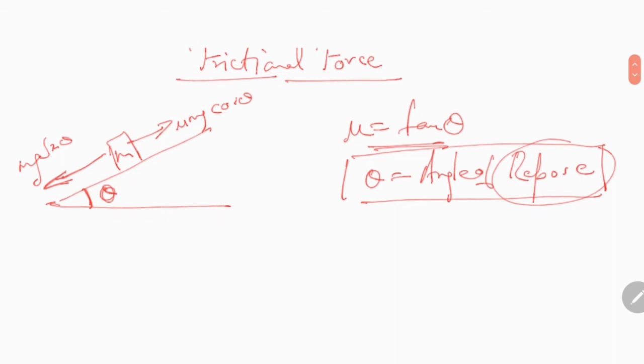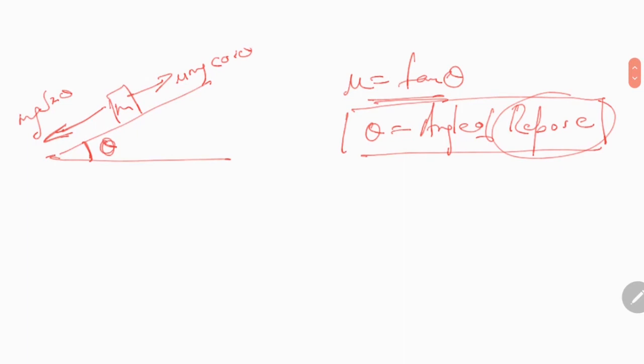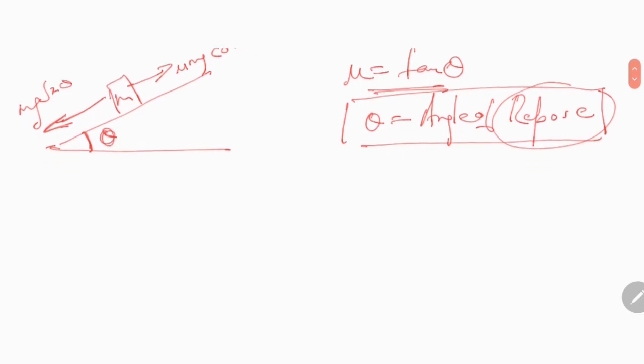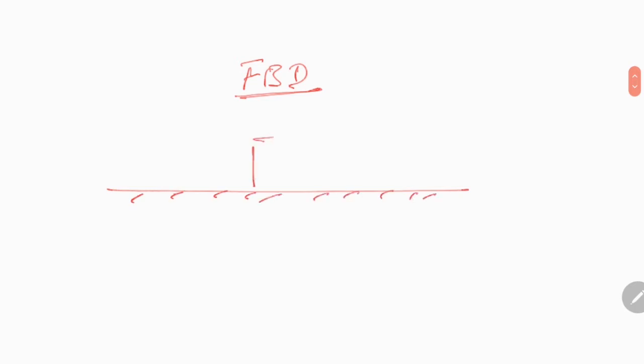Now, taking it further from here, I mentioned during the close of the last class that we'll discuss something about free body diagrams. I'm just writing the short form, FBD. So let's understand what a free body diagram is. If this is a surface, let's assume for now it's a frictionless surface, and let's say we have a body of mass m here, and we call it m1.